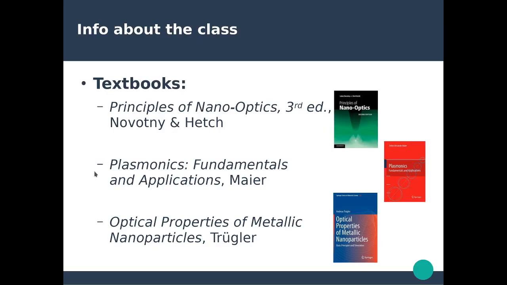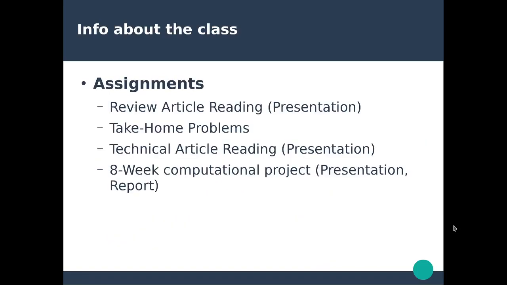The second and third textbooks, Plasmonics, Fundamentals and Applications by Stephen Meyer, and Optical Properties of Metallic Nanoparticles by Andreas Strugler, cover principally plasmonic topics, which is going to be covered in the second half of the semester. You do not need to purchase those textbooks, they are not mandatory.